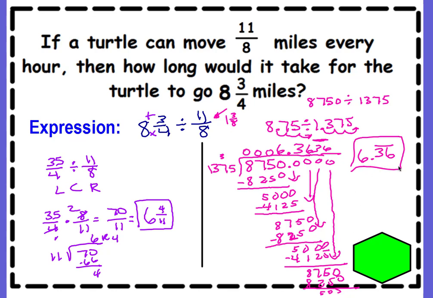So if you did do it as a decimal, your answer would be 6.36 repeating. The easier way, which you can tell it's a lot of work, would have been to leave it as a fraction. So pause the video. If you got it wrong, pause the video, check the work, see where you made your mistake. If you got it right, awesome job.